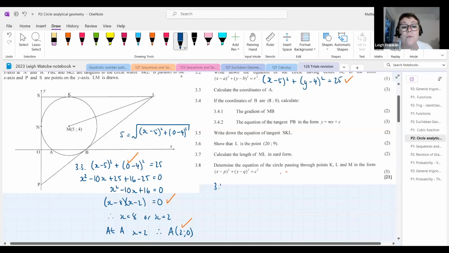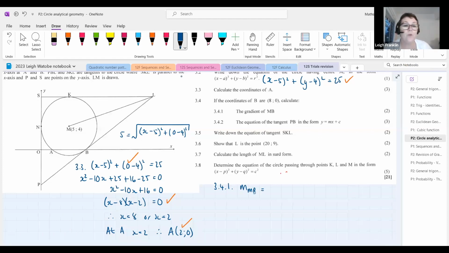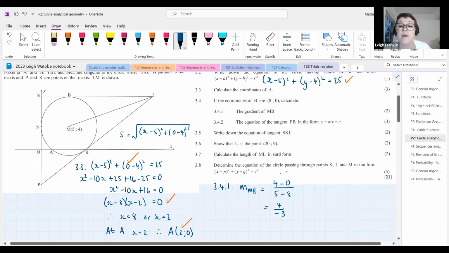In 3.4.1, the gradient of MB would be 4 minus 0 over 5 minus 8. That would give us 4 over -3.